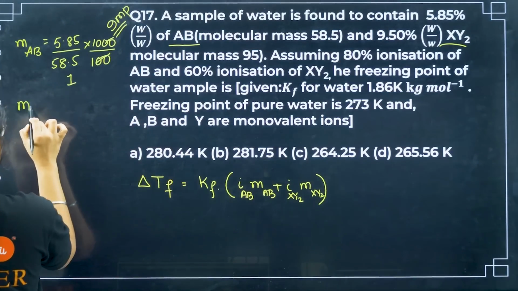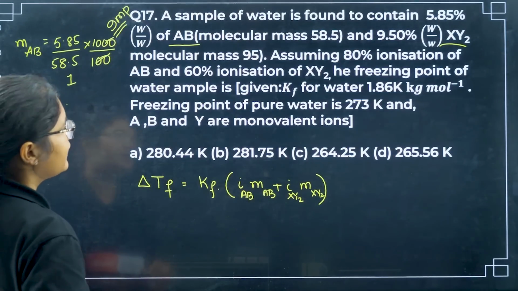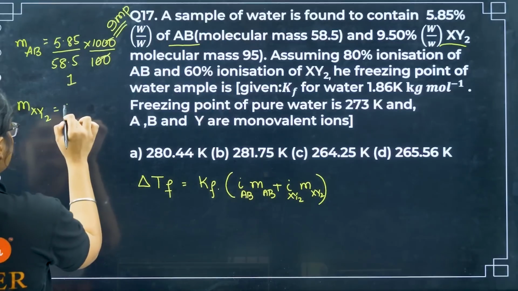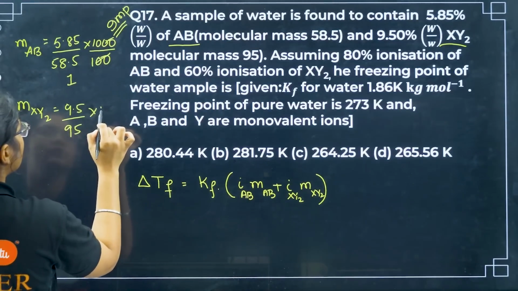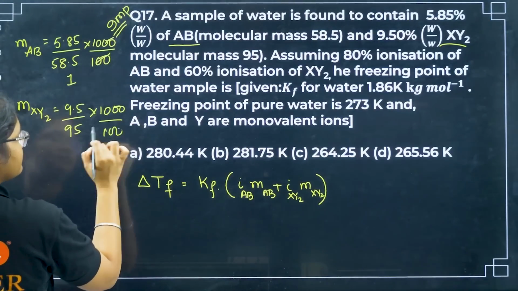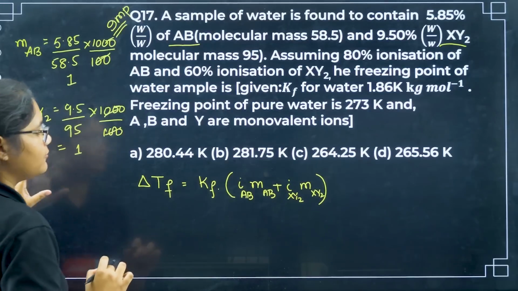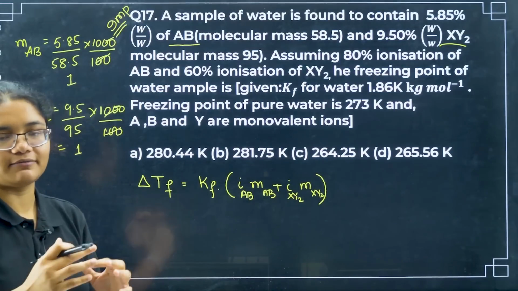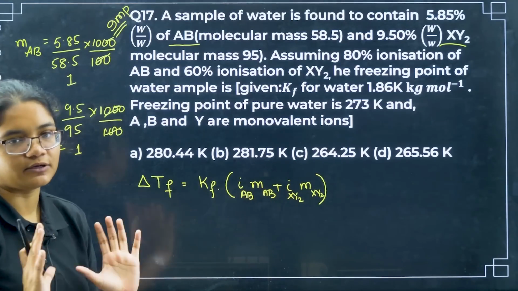Similarly for MXY2, it will be 9.5 divided by 95 into 1000. Again here also it will come 91 point something, but for rough calculation I'm taking it as 100, so I will get 1. So M1 and M2 would be a little different, but I have assumed both of them to be 1, so that one part of the calculation will be easy.